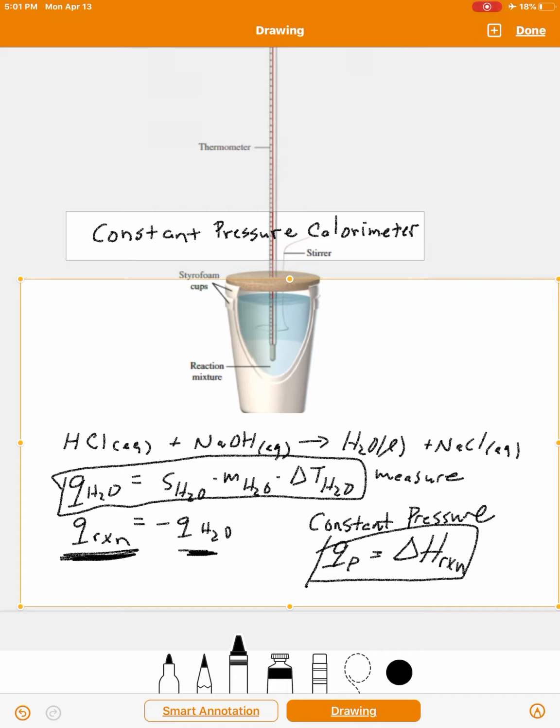And that's what we get from just measuring the change in temperature of the water. That's called constant pressure calorimetry, and it is a very common technique for measuring how much heat is released in a chemical reaction.